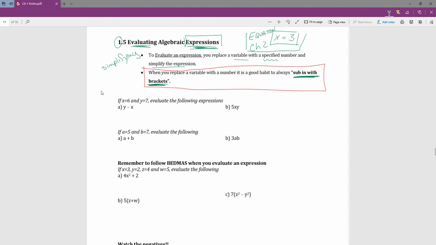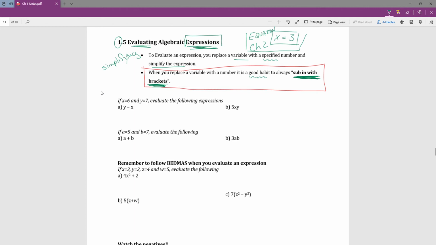The pitfall is that you can get by without subbing in with brackets until things get harder, and then you get really turned around. So with these ones, I'm going to practice all the good habits and hopefully instill some of those in you. But we're all human and we will do what we want to do in the end anyway. So do remember the subbing in with brackets, and I'll try to show you my good habits that I always have to work on.